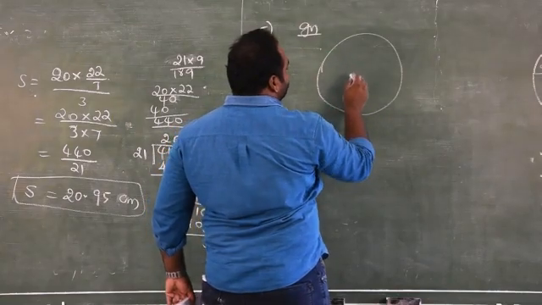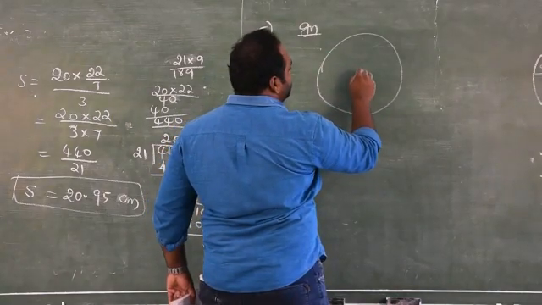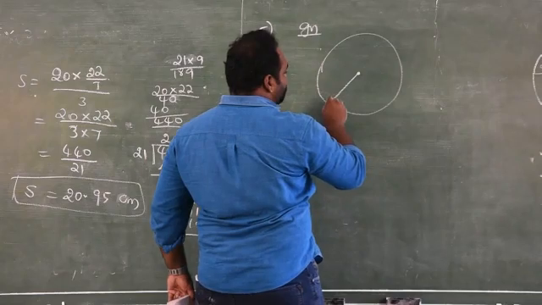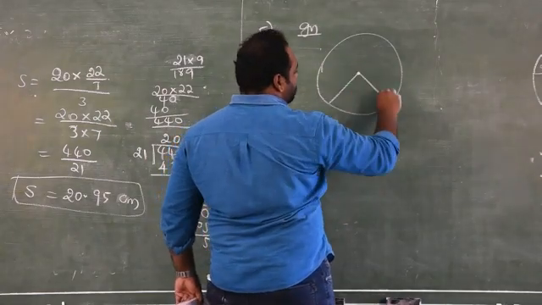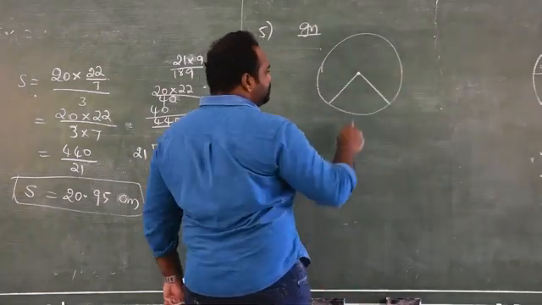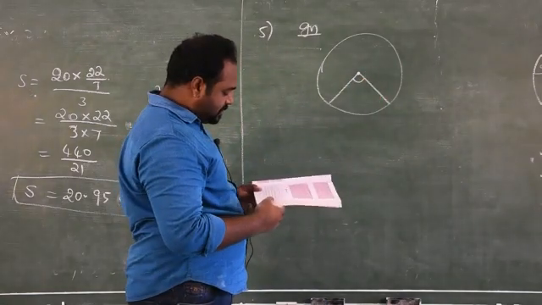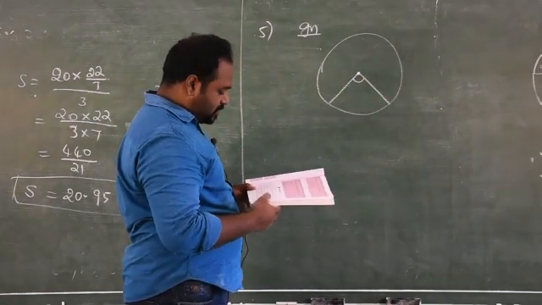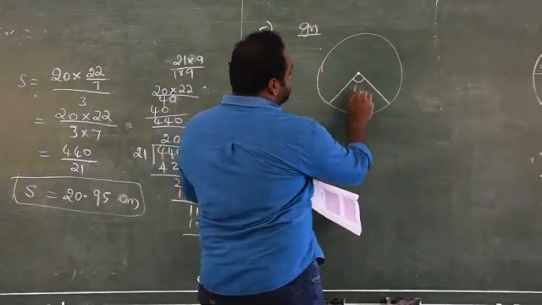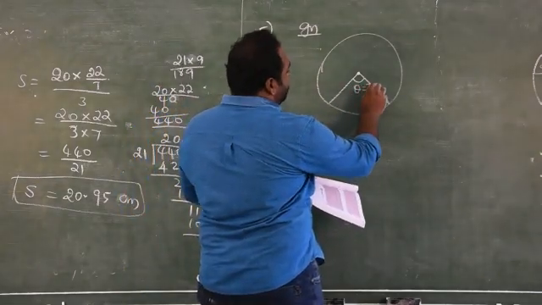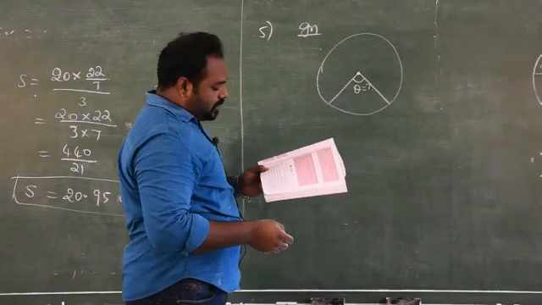Given the information, this is the center. I am going to draw this radius and complete this diagram. This angle they are asking to find out. The center angle they are asking to find out.